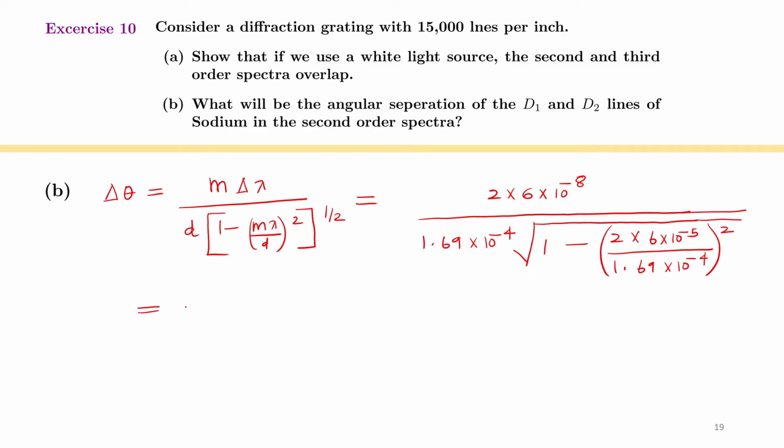And this is equal to 0.001 radians, which is approximately equal to 3.47 minutes.